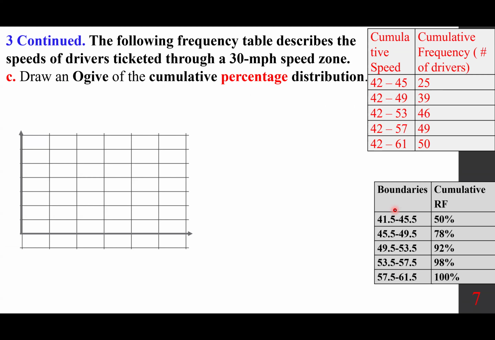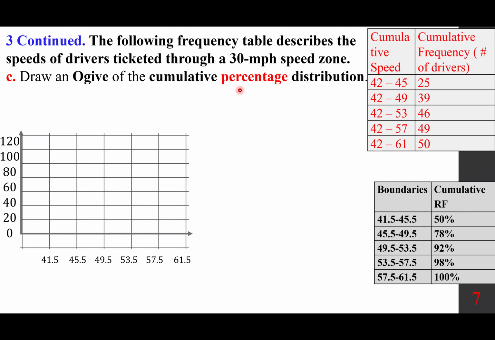So always use boundaries in the case of ogive. And of course, over here, if you were to put the frequencies, maybe maximum you would use 50 or 60. But this is a percentage. So you have to go to 100 or a little bit more than that, 100%.